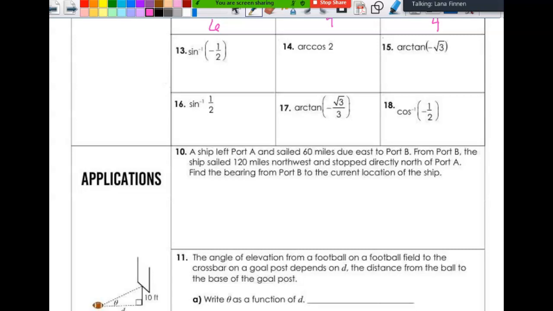Okay, so it's pi over 6, good. So then since this is a negative 1/2 and it's sine, do I go to the second quadrant or the fourth quadrant? The fourth quadrant. Okay, and so then what would my answer be?